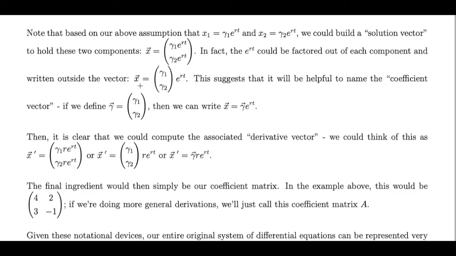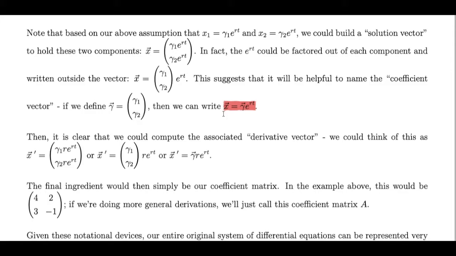So now we're saying that our solution vector x is this gamma vector times e to the RT. And if I wanted to be even more concise, this gamma here, where I've got gamma 1 and gamma 2 as the 2 components, I could actually name that its own vector. So in terms of the notation, this is pretty concise, and I believe my solutions have this form here.